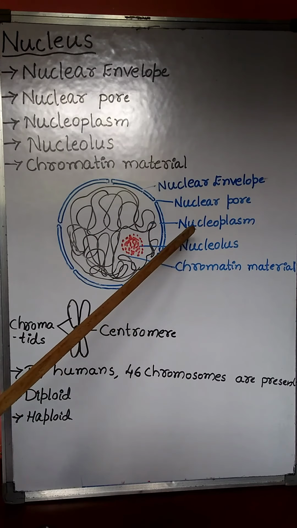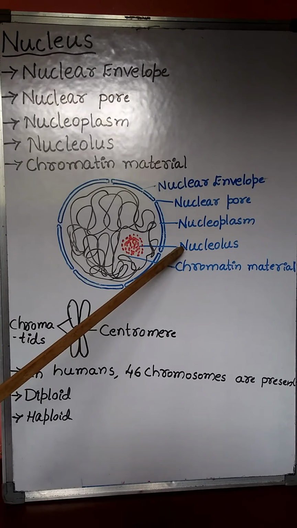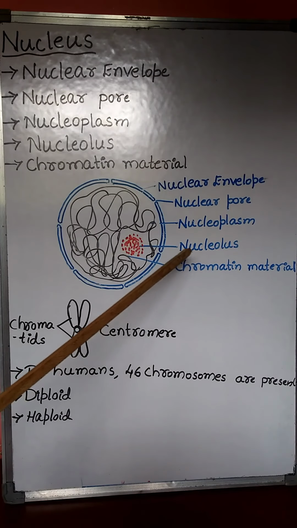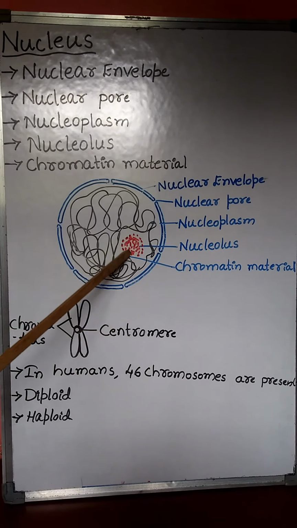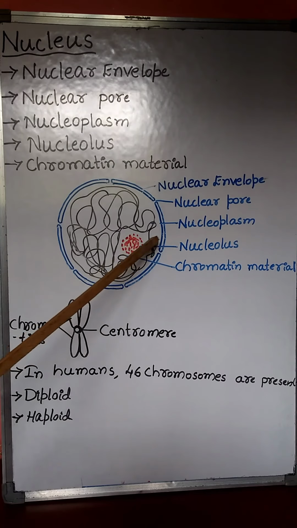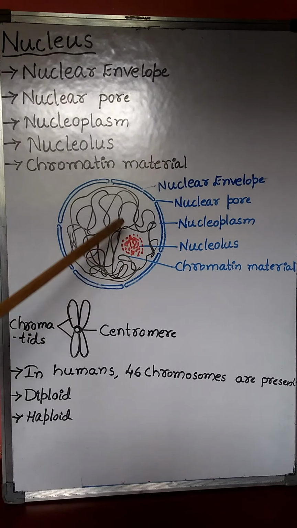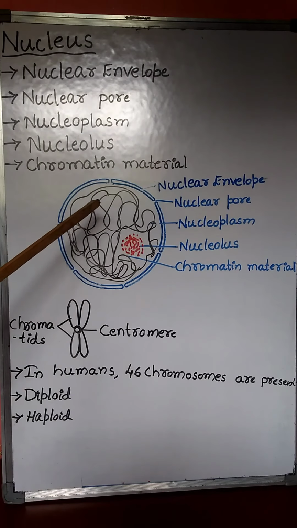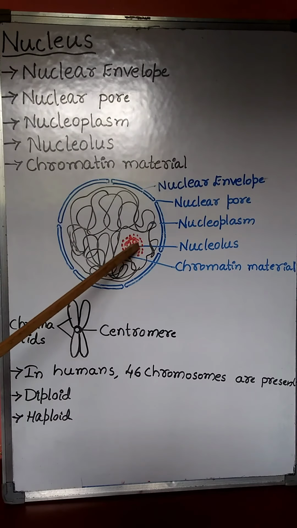Next one is nucleolus. It is a nearly rounded structure which is present in the nucleoplasm. Usually, nucleus may have more than one nucleolus.